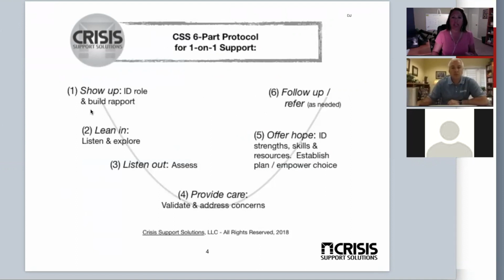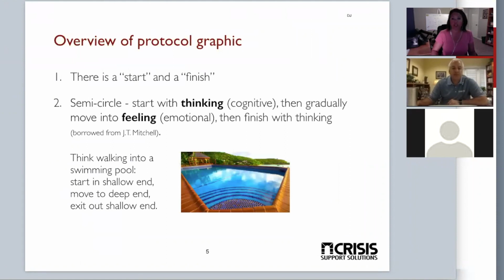The teaching point is that in peer support, you actually do have a stopping point. You actually do have a finishing point. This is not a circle. This is not a loop that keeps going around and around. You have a starting place, where you begin your conversation, and you have a place where you end your conversation. So that's the first thing to know, that your conversation eventually ends, and also your support for the individual eventually ends. If it doesn't, we'll talk about how to make a referral.